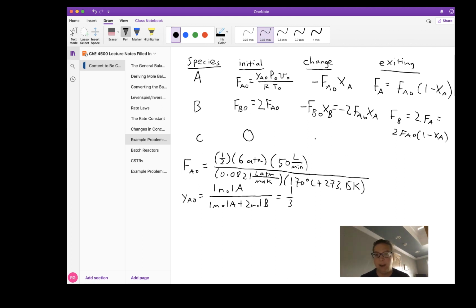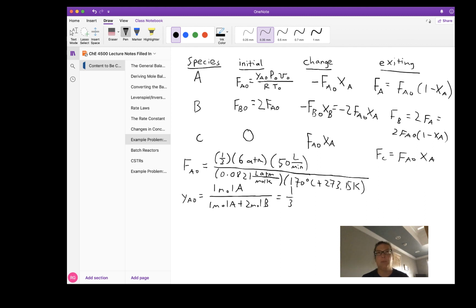That means, except that C is a product while A is a reactant, the amount of C that's being formed is going to be equal to the negative of the change in A. So that is going to be equal to FA naught times XA. And since there's no C fed, so that's my stoichiometric table.